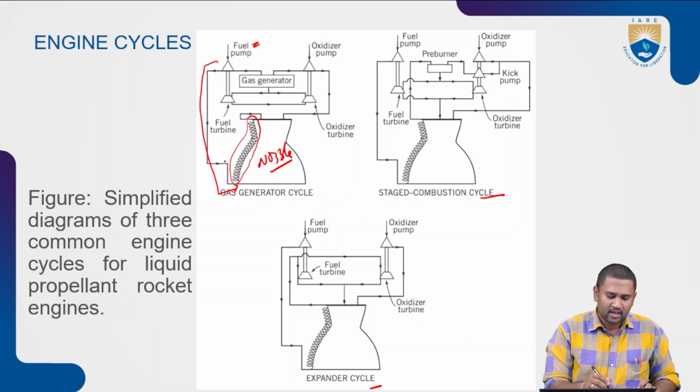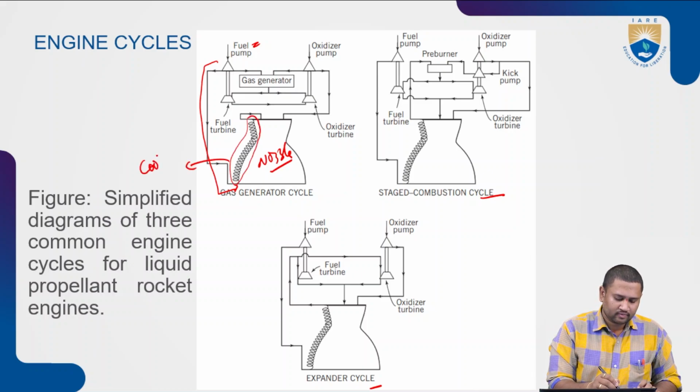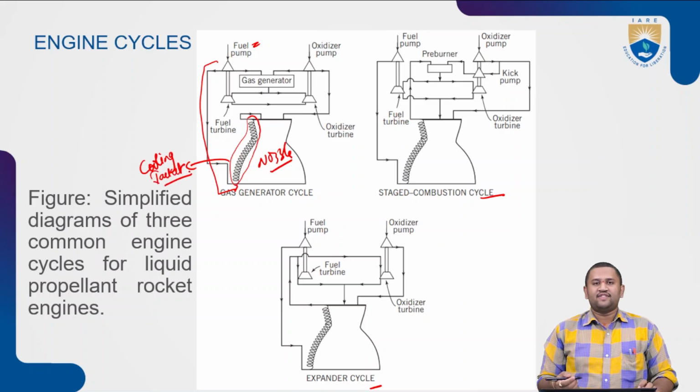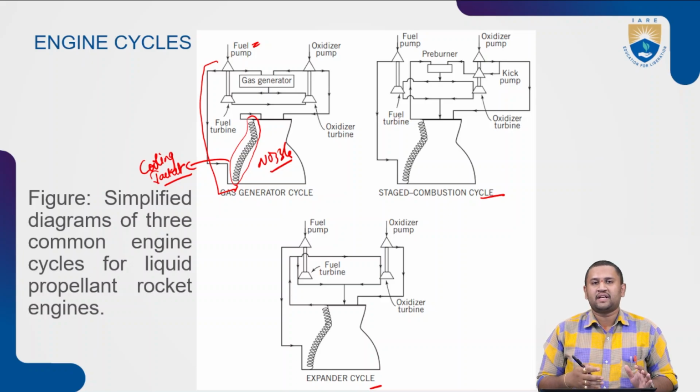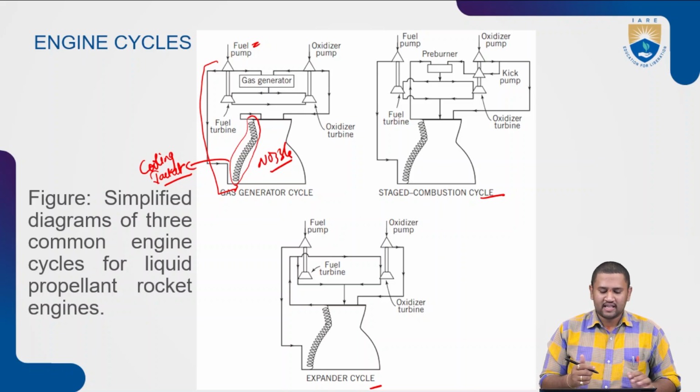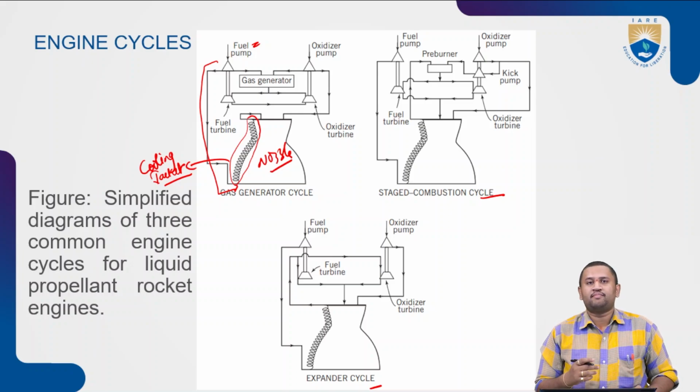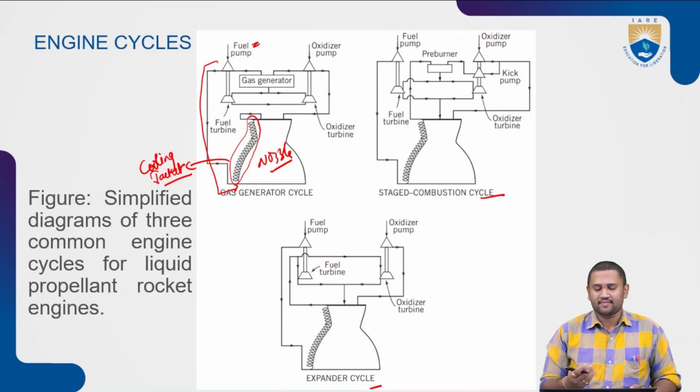It is nothing but the cooling jacket. As we know, the more thrust we get, the more we need to withstand the material's melting temperature, so we push the fluid, particularly liquid hydrogen as fuel, or liquid oxygen, to cool down the nozzle as well as the combustion chamber to maintain the material's temperature.